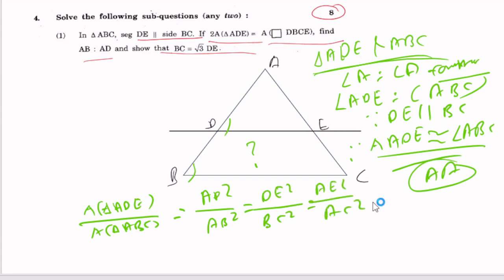This relationship we can draw the moment we figure out ADE is similar to ABC. This is one part. Let's come to the next part. We know that it's given twice of area of ADE is equal to area of DBCE.